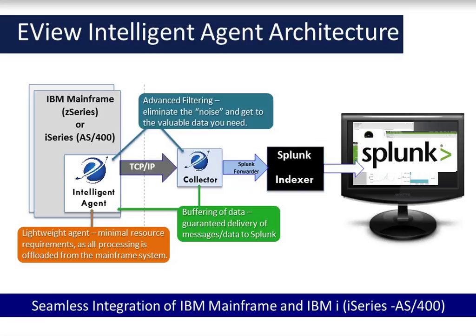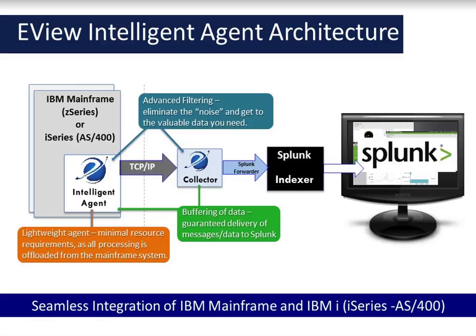A little more detail on the agent: as I mentioned, it is designed to be a lightweight agent. We do have filtering capabilities. This architecture allows us to integrate with multiple platforms, which is one of the reasons we use this type of architecture.